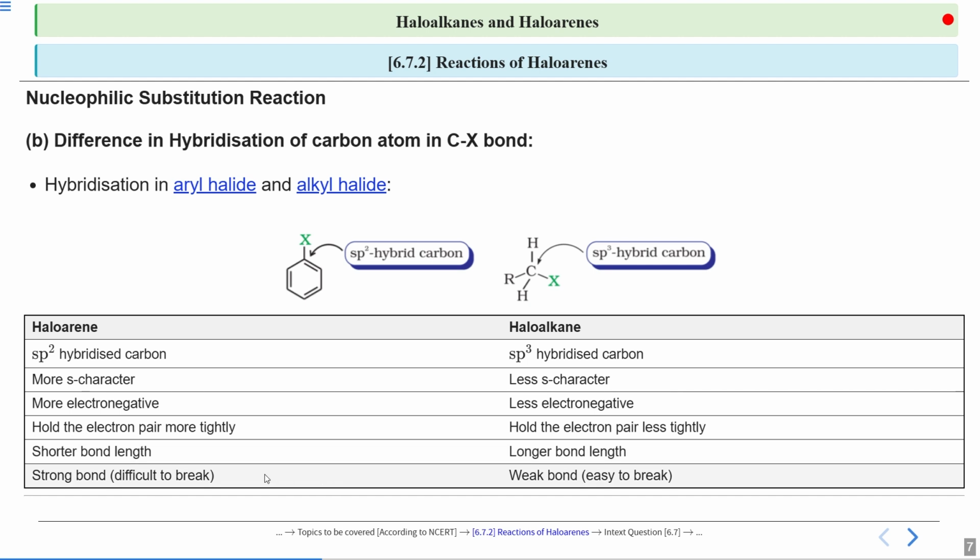So you need higher energy to break that bond. It is difficult to break the carbon-halogen bond for the nucleophile to attack. Basically, for the nucleophile to attack the carbon at which the halogen is present is difficult in the haloarenes because the bond is stronger due to the greater electronegativity of the sp2 hybridized carbon.